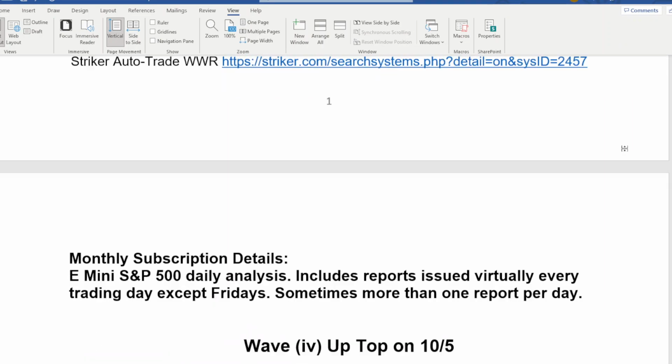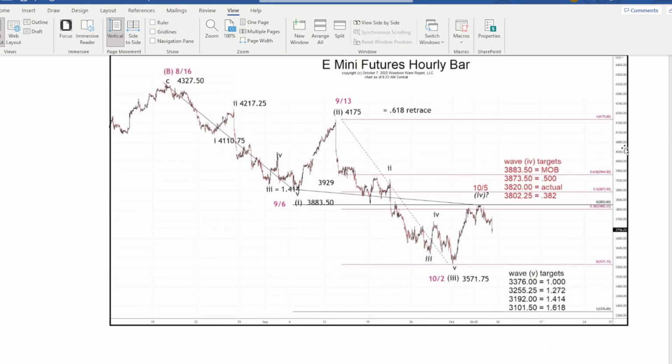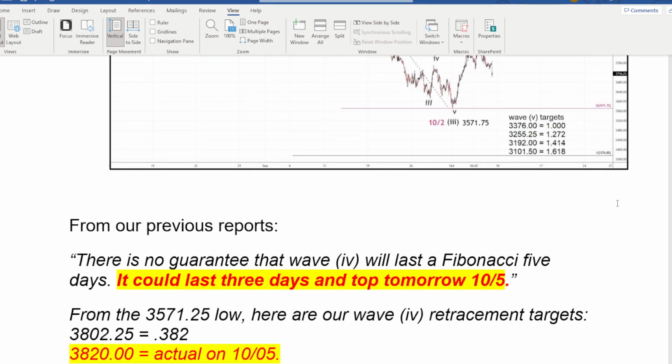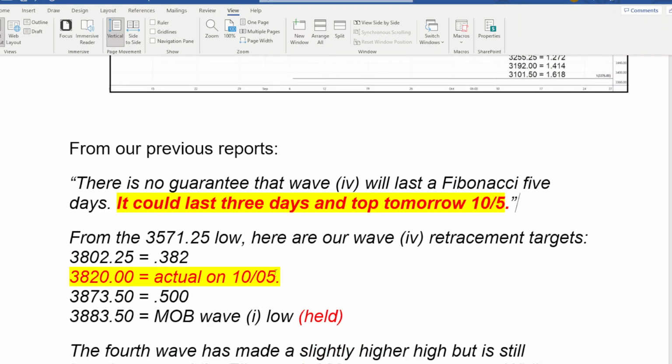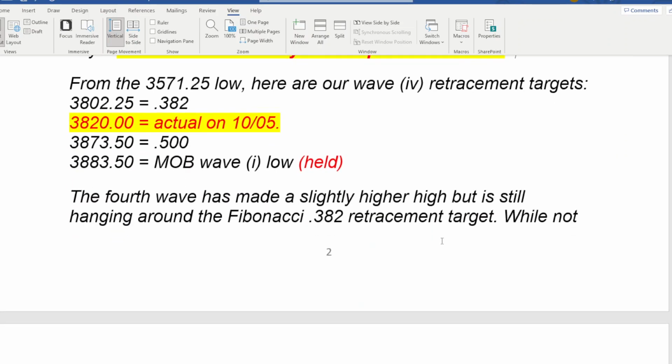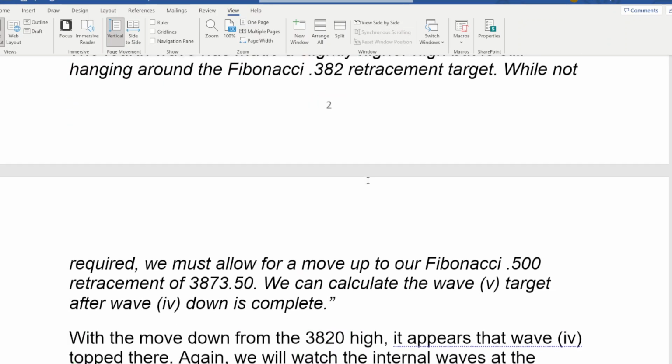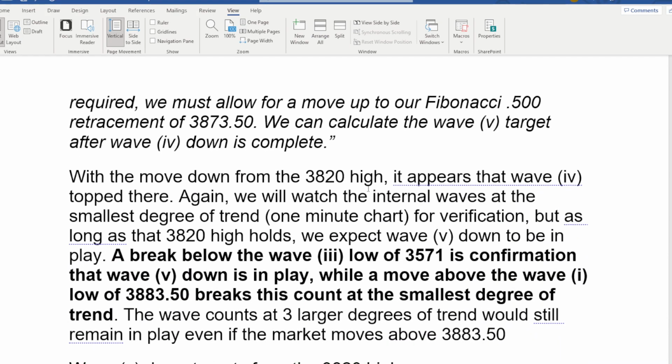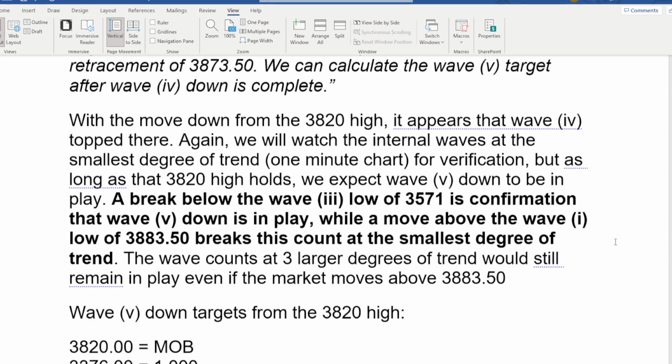I want to show you guys that same chart that we put out a couple days ago, that wave 5 does not necessarily have to last a Fibonacci 5 days. It could last 3 days and top tomorrow on 10.5. Okay, this looks like exactly what it did. It hit that 38.20, and then it made a slightly higher high at 38.20, but then again, there's our confirmations there.